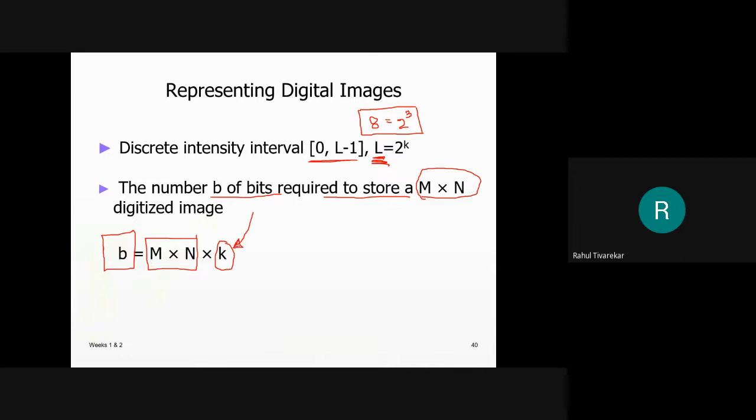A single pixel has an intensity represented by 3 bits. It can be between intensity 0 and intensity L minus 1. In this example, if you are using 3 bits, then intensity 0 to intensity 7, right? So the number of pixels multiplied by the number of bits per pixel gives us the total number of bits for the image.